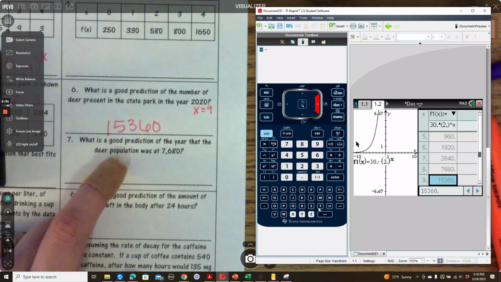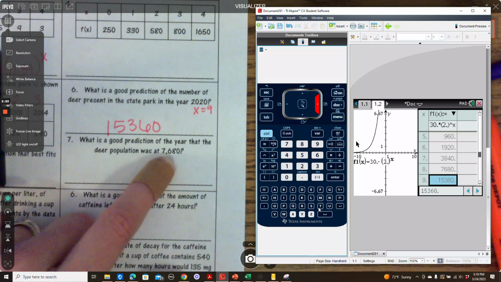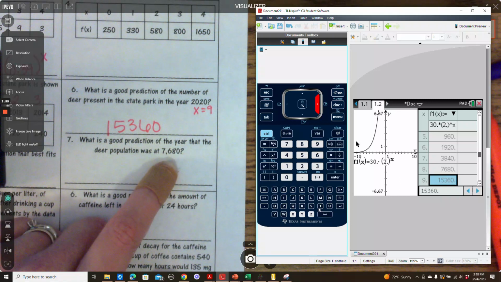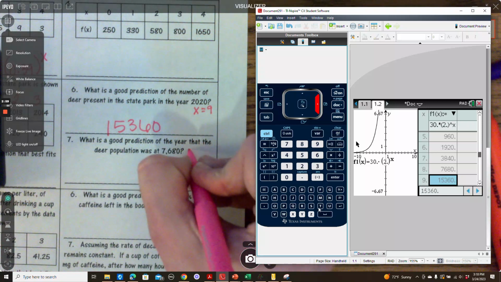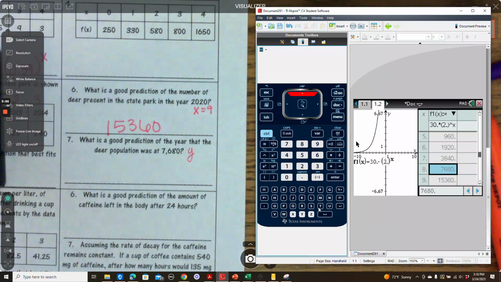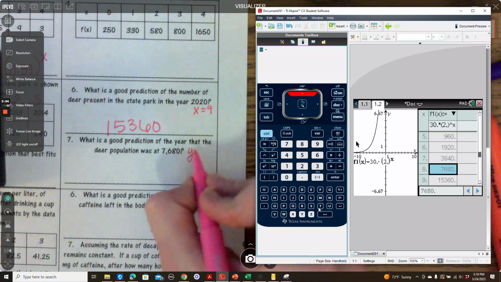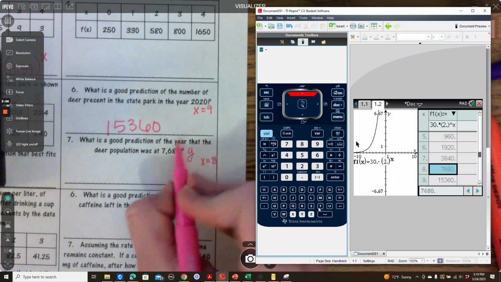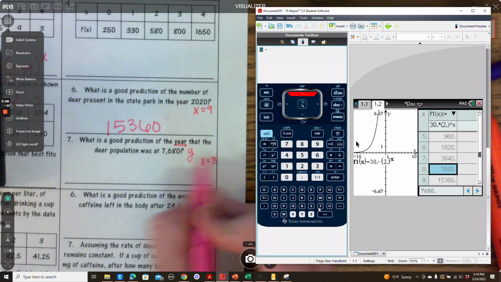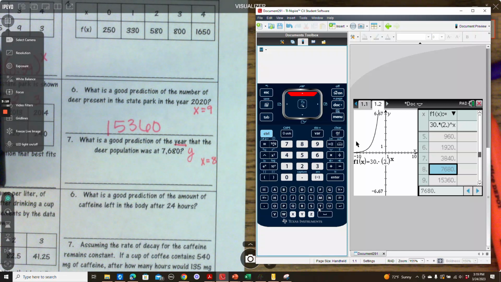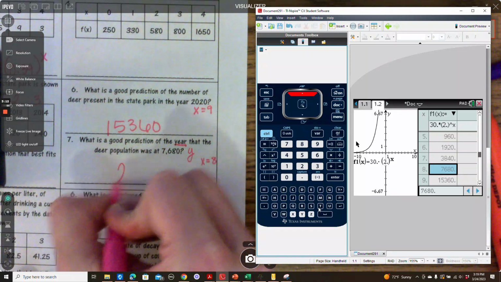All right, this one, what's a good prediction of the year that the deer population was at 7,680? So is population an X or a Y? That's a Y. So I have to look for that number in the Y column. Now, this is an 8. It says X equals 8, but it says what's the year? So what year was represented or would be represented by 2019?